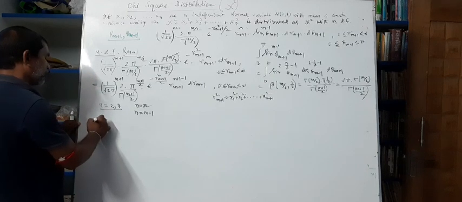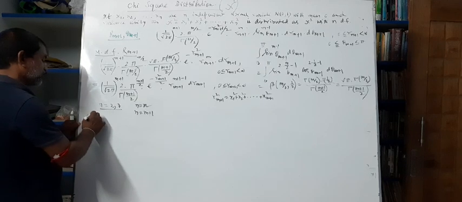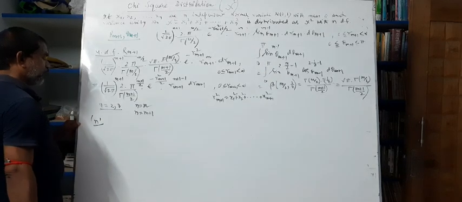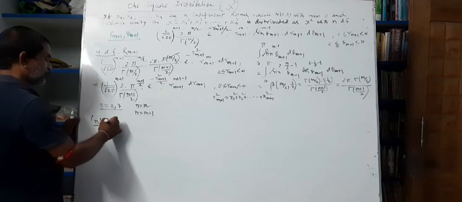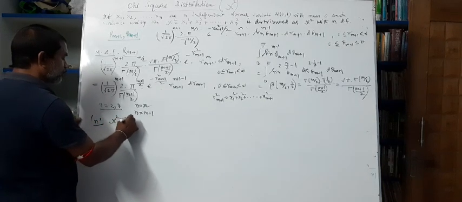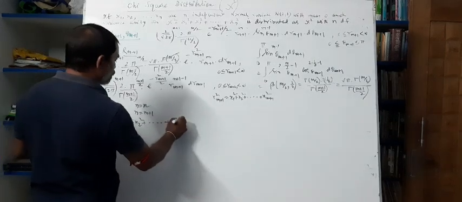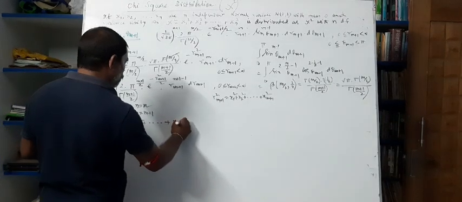distribution function of n standard normal variates, that is if chi square equal to x1 square plus x2 square plus dot dot dot xn square.